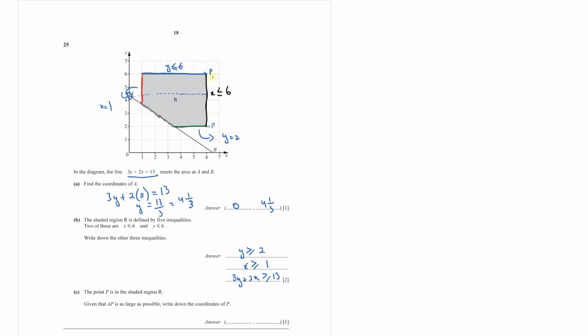If you look at the length of this line, it's 4 units. 1, 2, 3, 4, 4 small boxes. And this would be the midpoint of this line. Let's call this line UV.